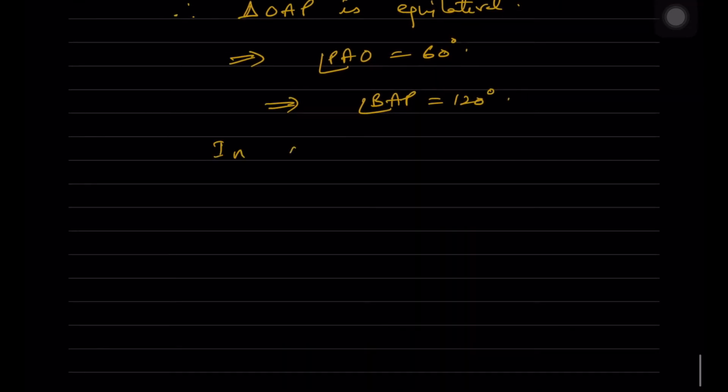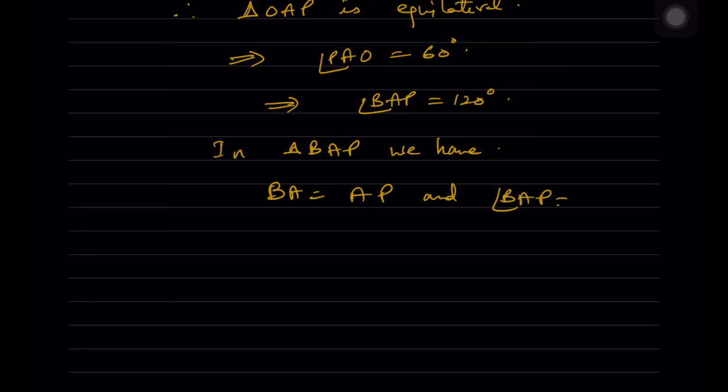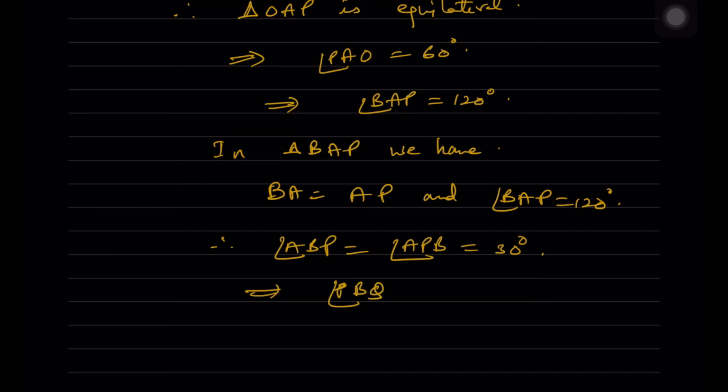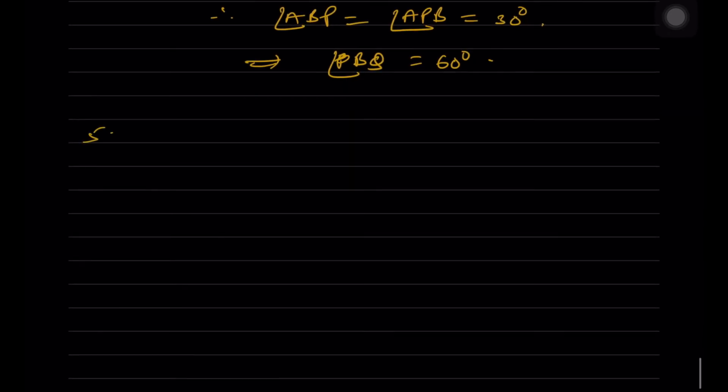So in triangle BAP, we have BA is equal to AP and angle BAP is equal to 120 degrees. Therefore angle ABP is equal to angle APB, which is equal to 30 degrees, which implies that angle PBQ is equal to 60 degrees. Hence proved.